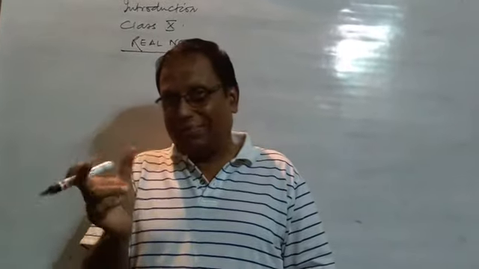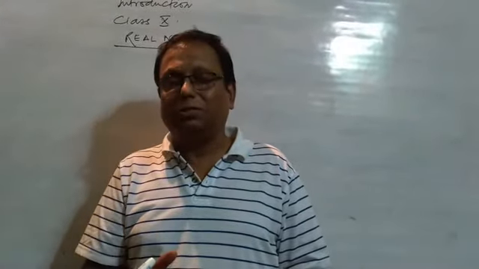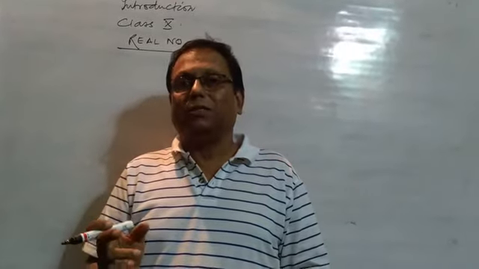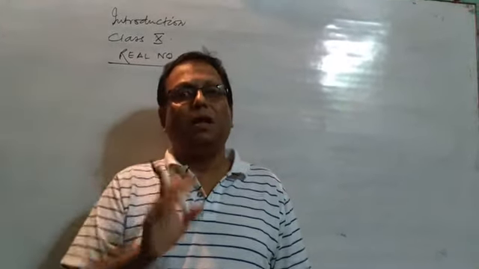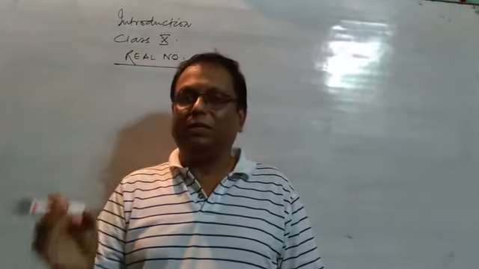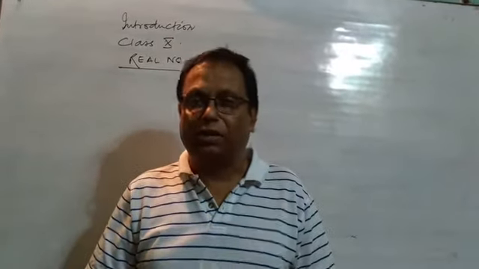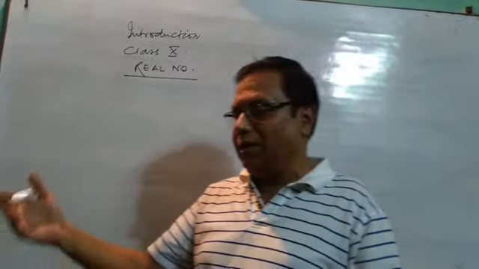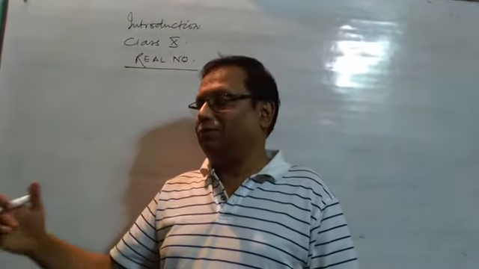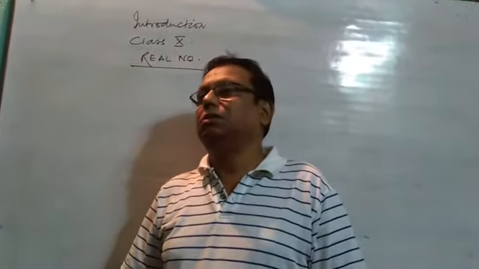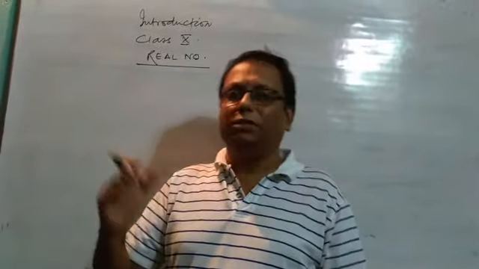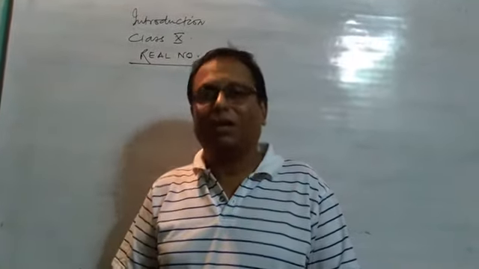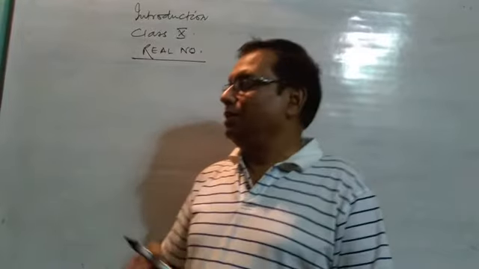These two new things that we will come across are, one, Euclid's division lemma, and the second one, the fundamental theorem of arithmetic. Before going into the lemma and the fundamental theorem of arithmetic, we will just recap whatever we have learned in our earlier classes. That is the real number.